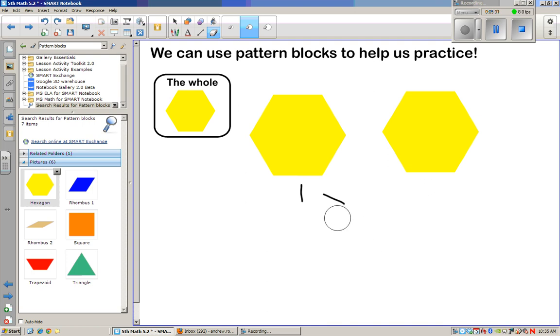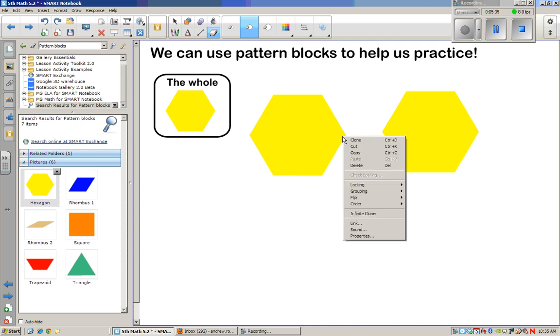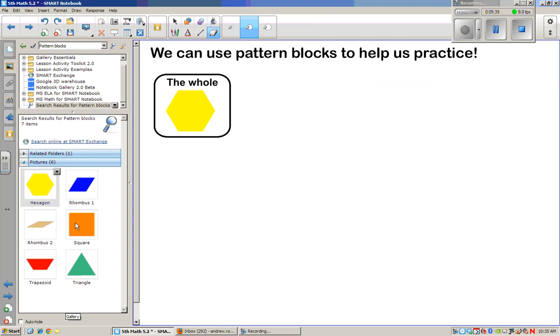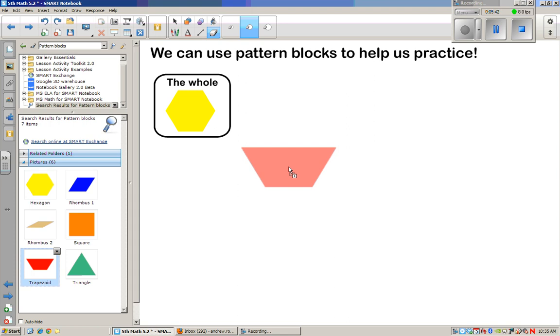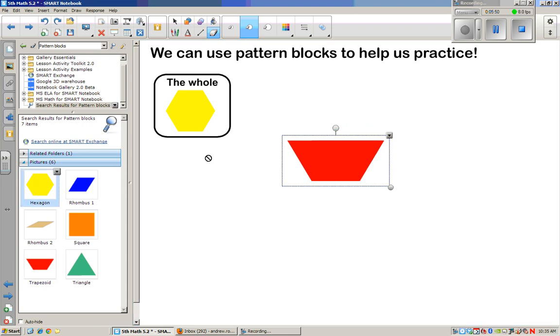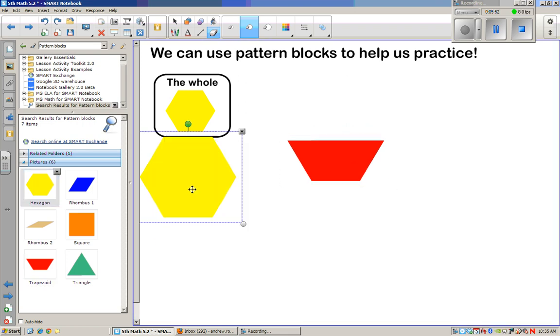All right, so let's try something else. Get rid of these. Let's put out a trapezoid. If we compare that to the whole, this is a smaller version, but we saw the big version of the whole right here.